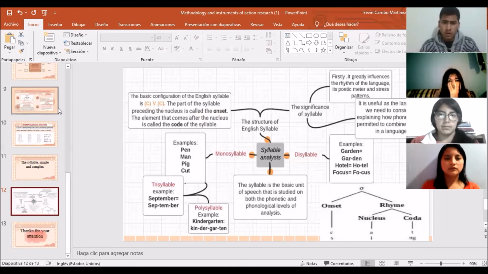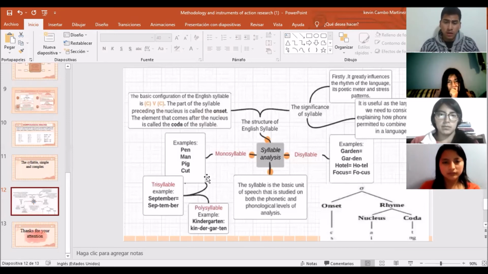Okay, in syllable analysis we have the monosyllable. What is a monosyllable? Monosyllables are words that have only one syllable. For example, pen, man, pig, and cat.